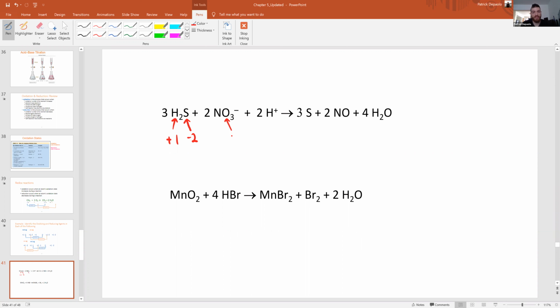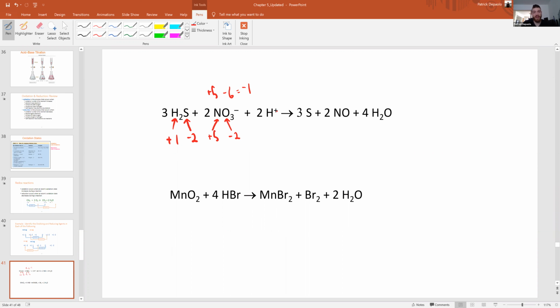Oxygen, -2. Nitrogen varies a lot like we saw last week, but we know that nitrate has a -1 charge, which is written right here. If there isn't a written charge, there's no charge. So what we're doing is 3 times oxygen, which is -6, equals -1. That means nitrogen has to be +5.